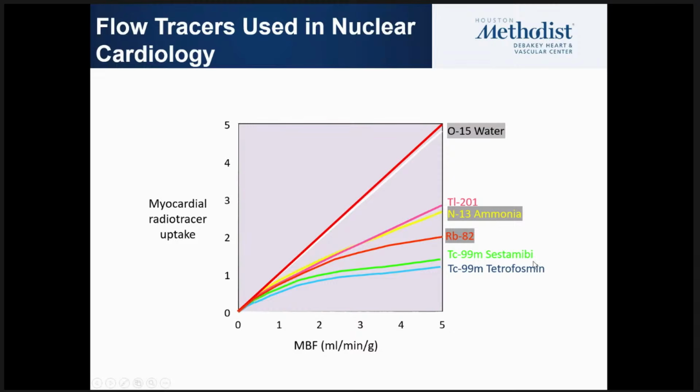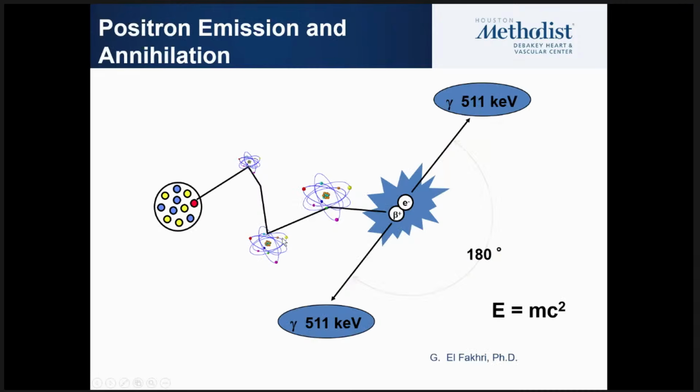Now, another very important concept that we need to cover is the issue of annihilation and positron range. This is very important because it will define why some images look crisper than others. So when we inject rubidium, for example, in the patient, rubidium has very high energy.